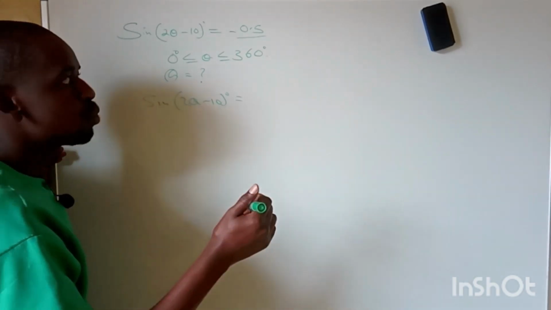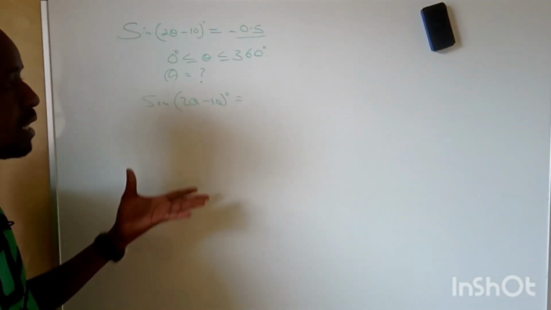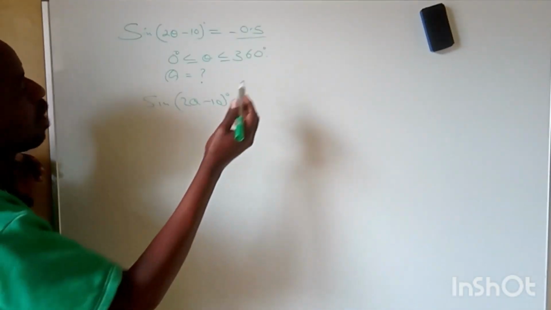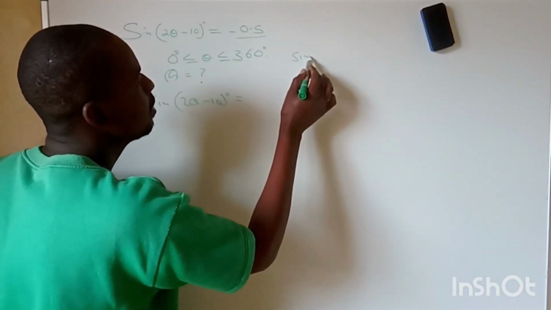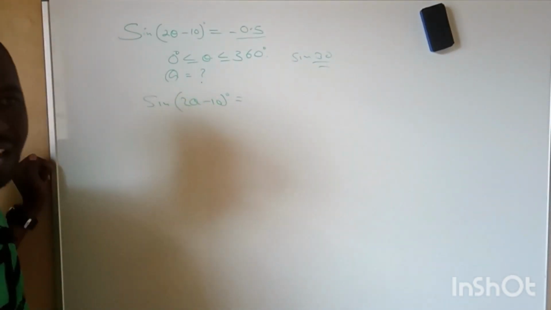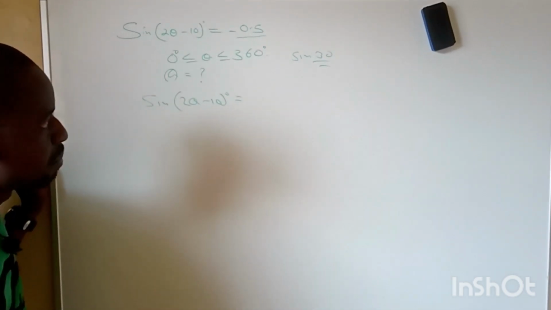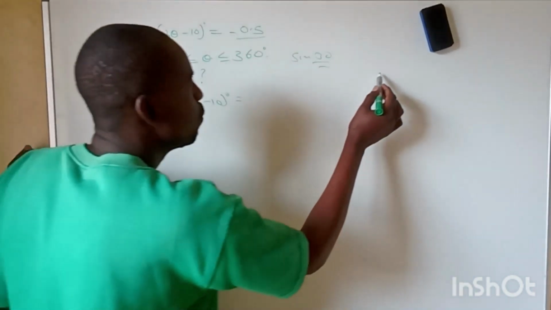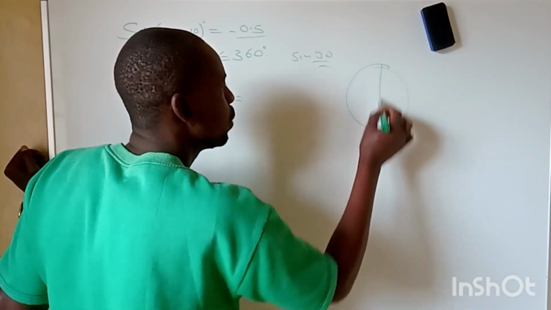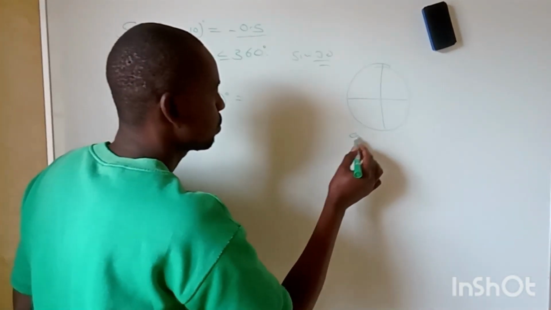You need to use what we call the unit circle. We know that sine of 30 is equal to 0.5, which is a positive number, but we want the value which is negative.